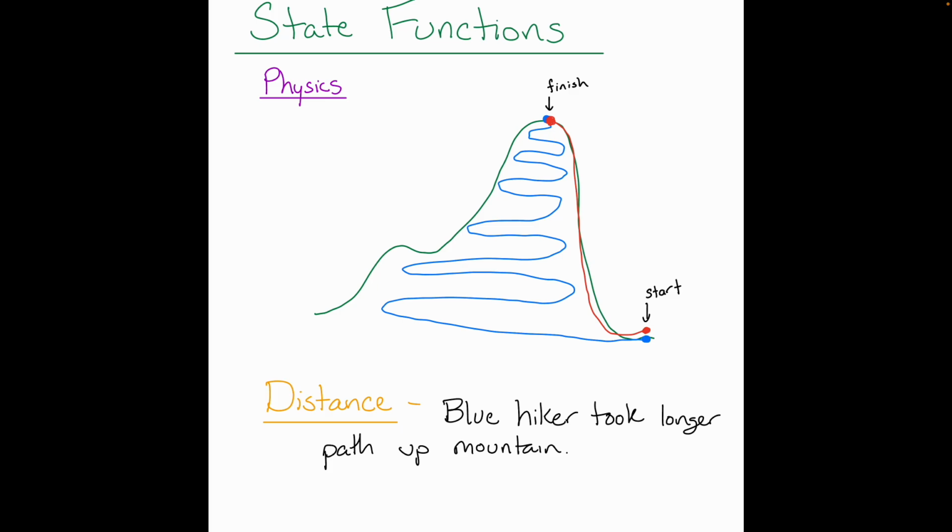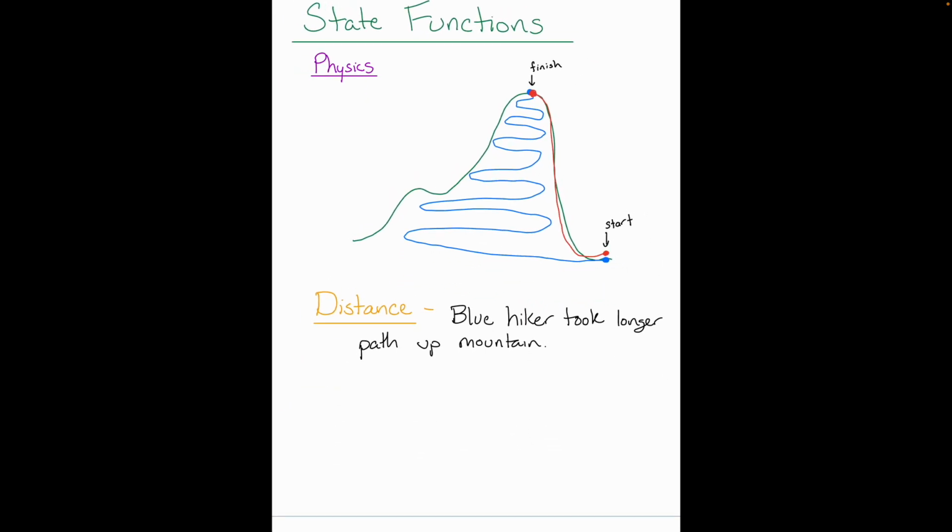But there's another quantity in physics that's very similar, but not quite the exact same thing, called displacement. All right, and displacement is simply the difference between where you finish minus where you started. And in terms of the displacement of these two hikers, which one is greater?